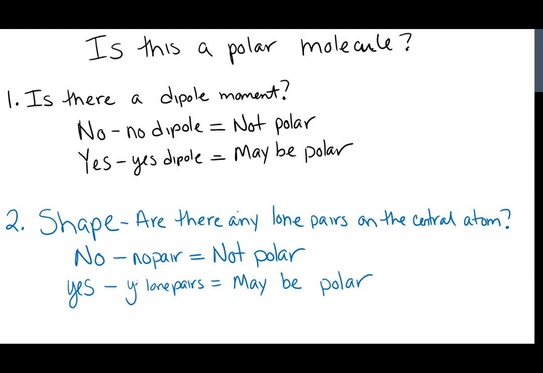So in this case, we've got to have 2 yeses in order to have a polar molecule. If you look at either one of these questions and the answer is no, shut it down, okay? So is there a dipole moment? Yes. Are there lone pairs? No. Shut it down. We got a no.